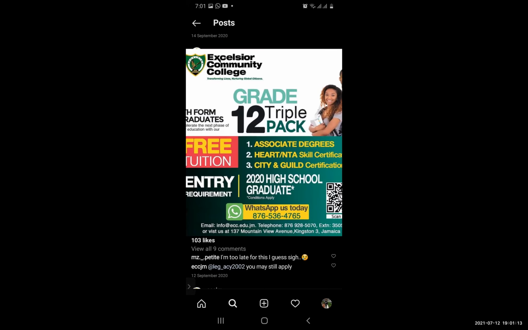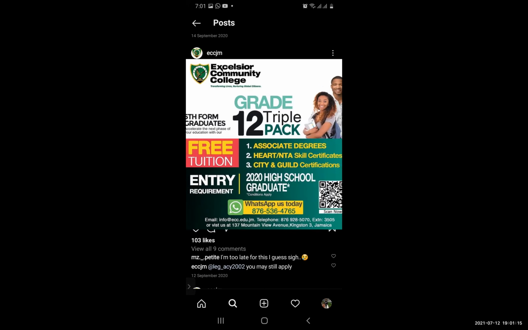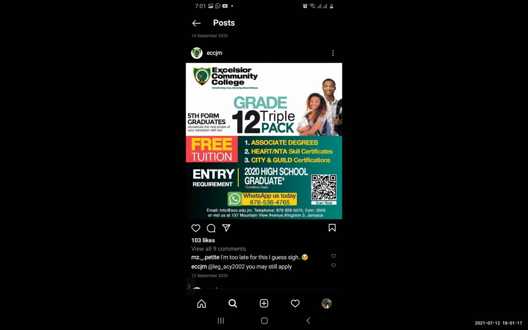Also, it's benefiting them, just leaving high school and wanting to pursue or further their education. And probably sixth form is so expensive, the parents can't afford it. So as you see, free tuition and all of that, it will be beneficial for parents as well as students.